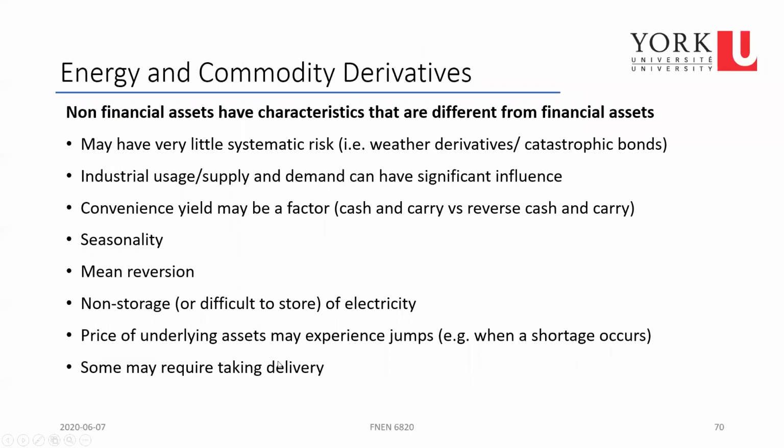When we price derivative products with those non-financial assets as the underlying asset or reference, we need to be mindful of the characteristics that those assets may have. For example, a lot of the things we have mentioned earlier, crude oil or natural gas, are industrial inputs, so supply and demand may play a very big role.